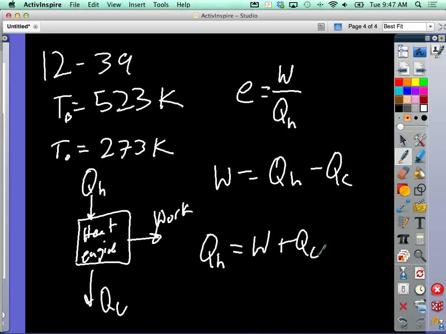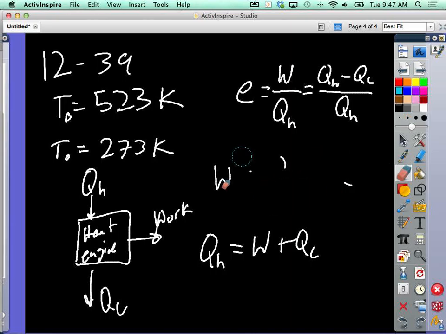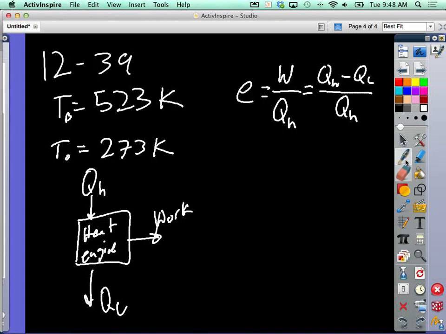Right? Do you see this? And then, okay, these statements are mathematically identical, yes? So, up here, I write QH minus QC over QH. And do I have QH and do I have QC? Yeah, of course. They're given.